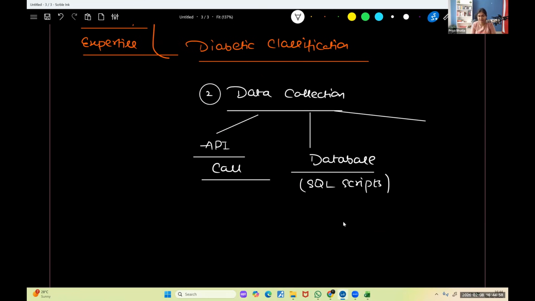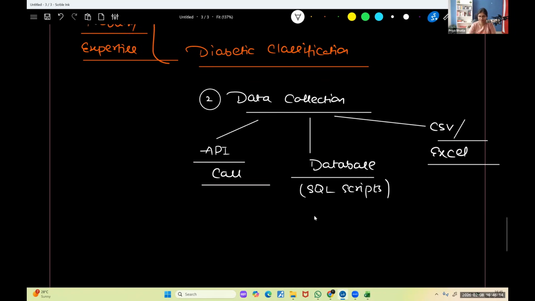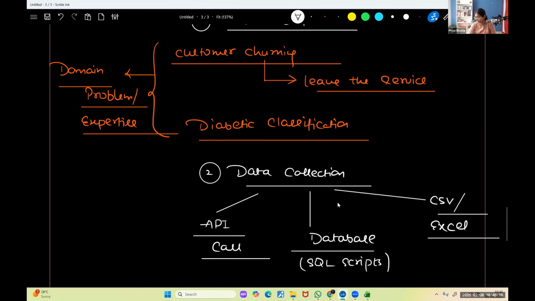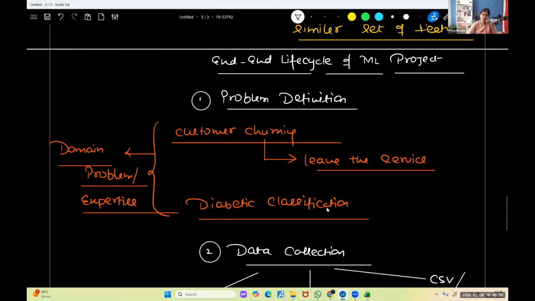Might be your data is available in the form of a CSV file, or maybe an Excel file, and the clients directly share that data with you. So there are multiple ways, multiple techniques to collect this data. Okay? So data collection is the second important thing that we're supposed to do. Once we understand the problem, data collection is the second key component. Is this clear? Is this okay?